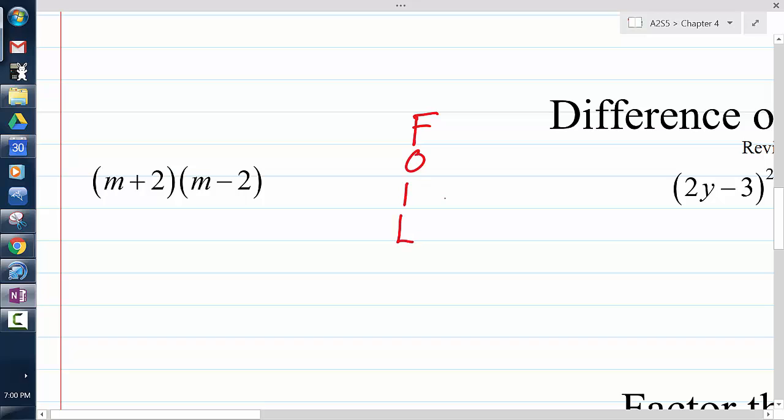Going on how to FOIL, remember that's first. Outer, inner, and last. That just means what we're multiplying the terms by to actually get what we need. So if you're FOILing first, those two right there, that gives you m squared.